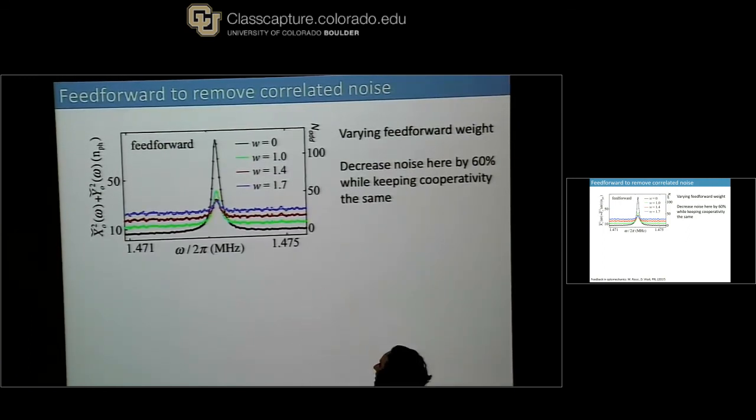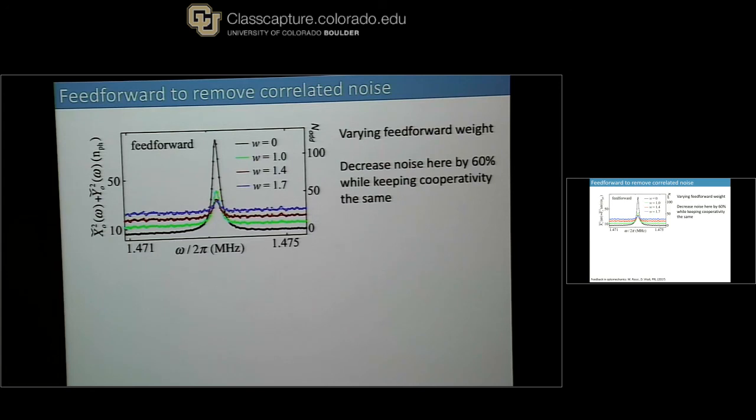These different colors correspond to feeding forward that electrical signal to subtract out some of the noise in the optical port, with different weighting factors corresponding to how much of that signal I subtract. And I can see that the black peak goes down to the blue peak. So I'm decreasing the noise here by 60%, while keeping the cooperativity of the system constant.